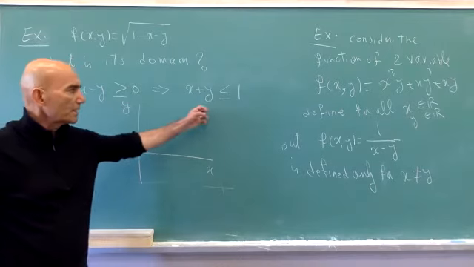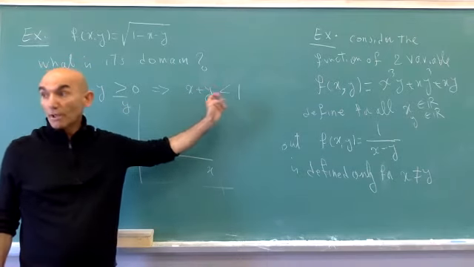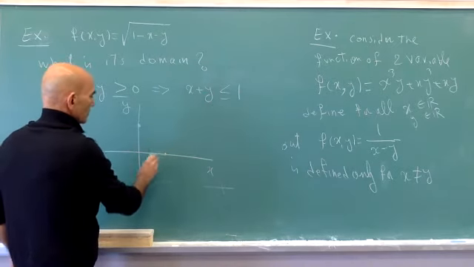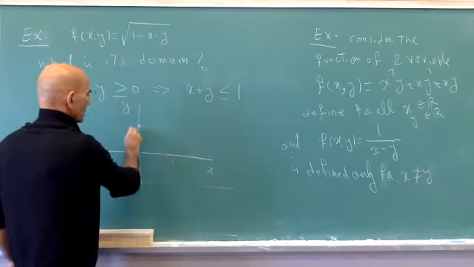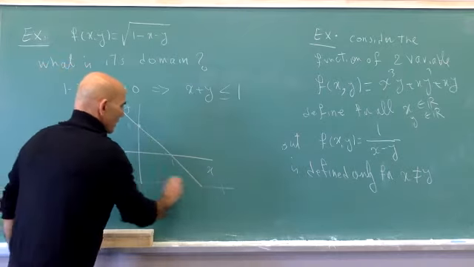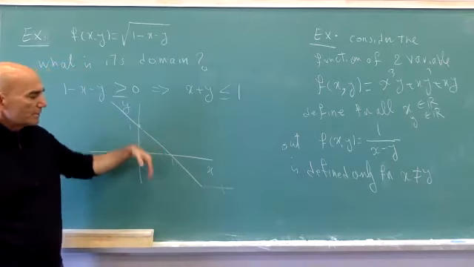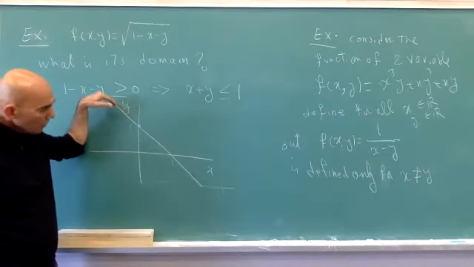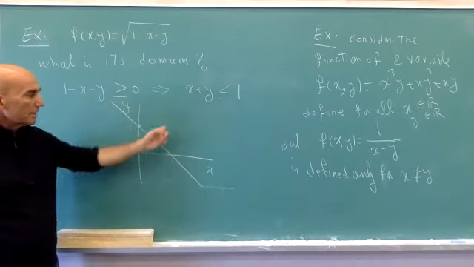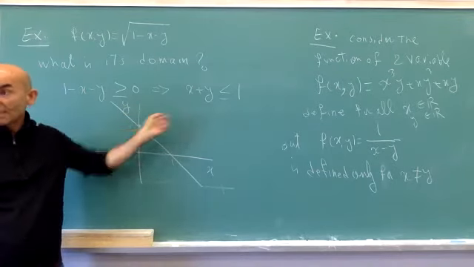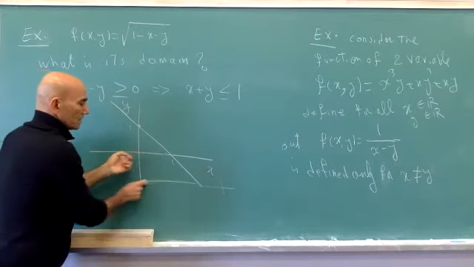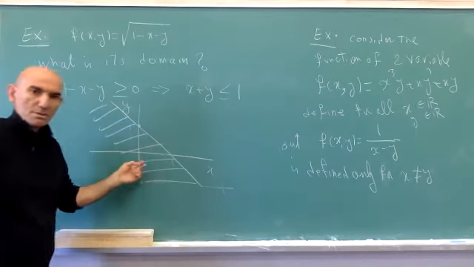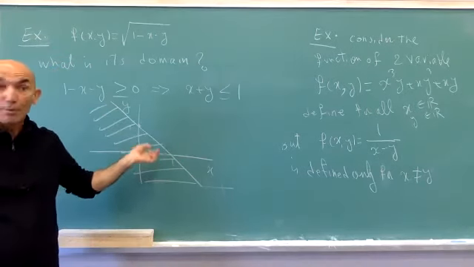Okay, here the best thing is to draw the line x plus y equal to 1. That's easy, right? Because that's just a line. This is 1, and you draw it. Now, this line divides the whole space into 3 pieces: places where x plus y is equal to 1, which is the line itself, here it is bigger than 1, and here it is smaller than 1. So you should be here. Okay? So that's the natural domain of this one.